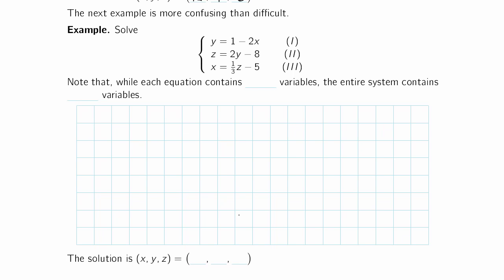This is another example of a system that's set up to make substitution easy. However, looking at it, at first we don't spot that this is a system of three equations and three variables. Each equation here only contains two variables, but the entire system does include all three of x, y, and z.